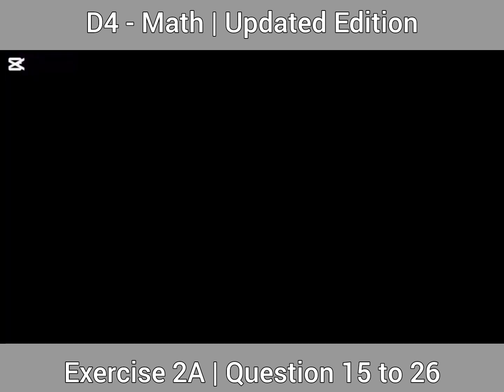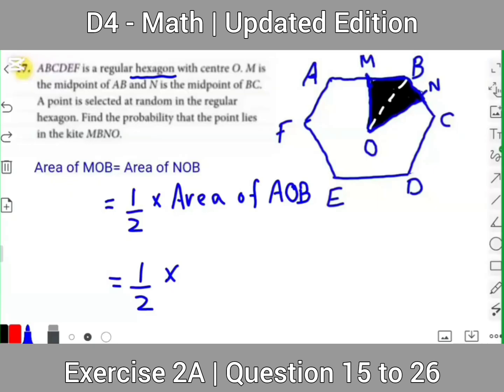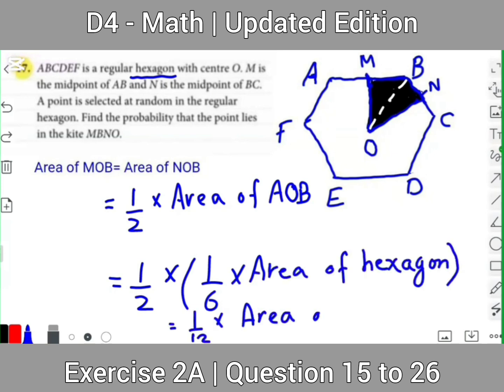And since we know that the area of AOB is equal to 1 over 6 of the area of the hexagon, after simplification we have 1 over 12 into the area of the hexagon. So the area of MOB is equal to 1 over 12 into the area of the hexagon.